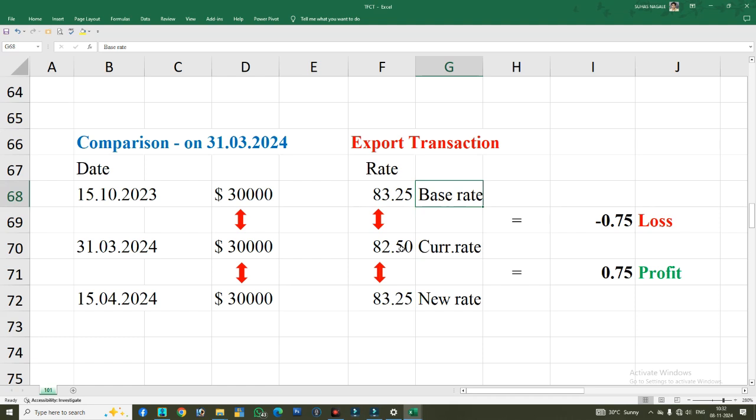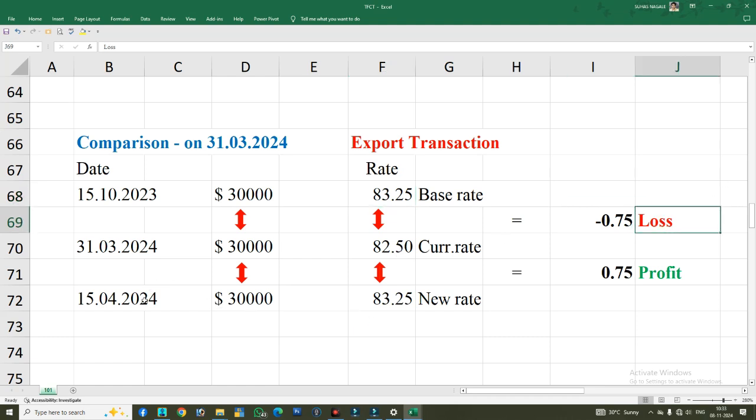Here we have to compare as per Accounting Standard 11. This is an assumption. We can say this is an outstanding loss.